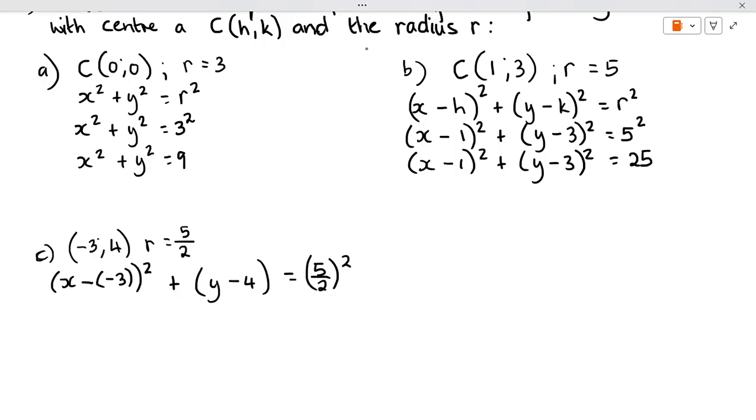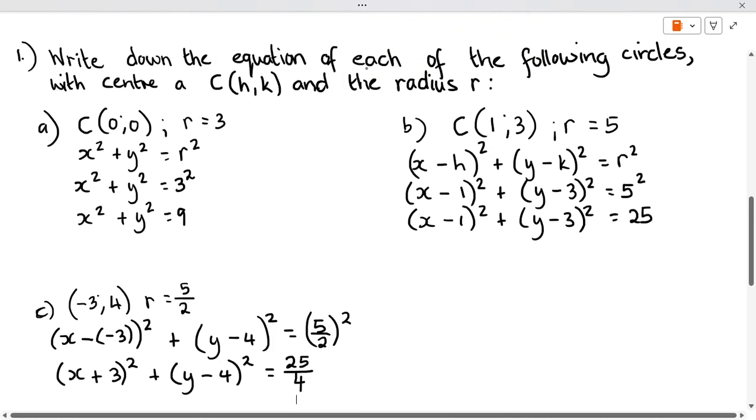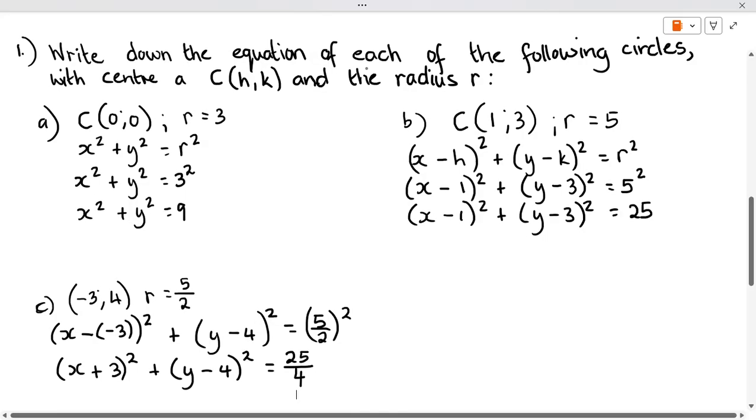Now I want you to take note that when it's a negative, you go minus, minus. So therefore, it's going to be x plus 3 squared plus, I forgot the squared here, y minus 4 squared equal to, now 5 squared is 25 over 2 squared, which would give me 4. So here we have written out the equation for each of the following.